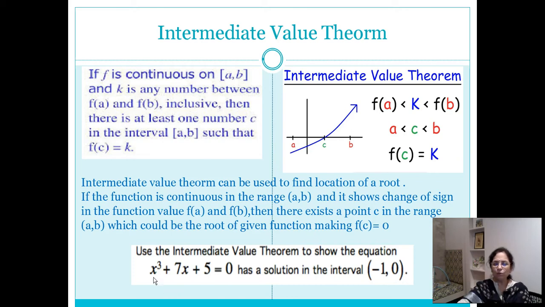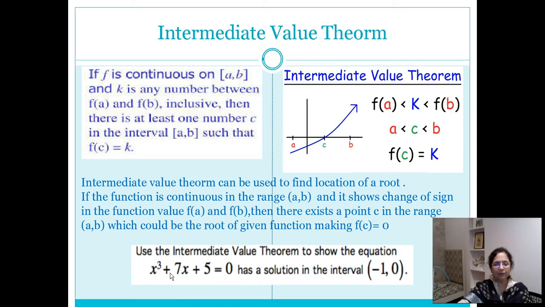We can also use Descartes' rule of sign change. For f of x, the number of sign changes is zero, so there is no positive real root. And when we put x equal to minus x, it becomes a minus sign here and a plus sign here, so one sign change indicates that there is one negative real root.